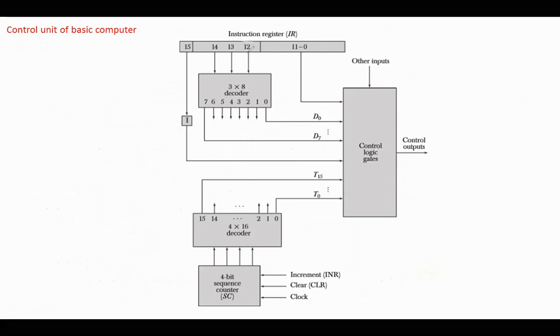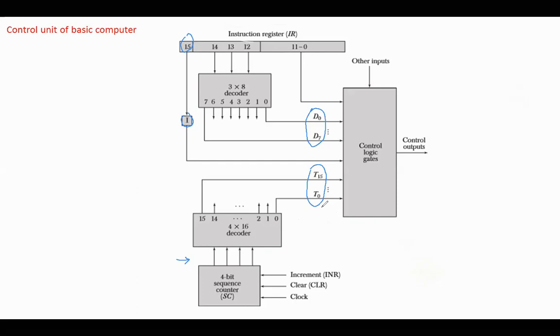The control unit of basic computer consists of instruction register of size 16 bits. Bit 15 is transferred to the I flip-flop. The 3 bits for the operation code are applied to a 3x8 decoder to generate 8 outputs D0 through D7, a 4-bit sequence counter with 4 outputs applied to a 4x16 decoder to generate 16 timing signals T0 through T15.